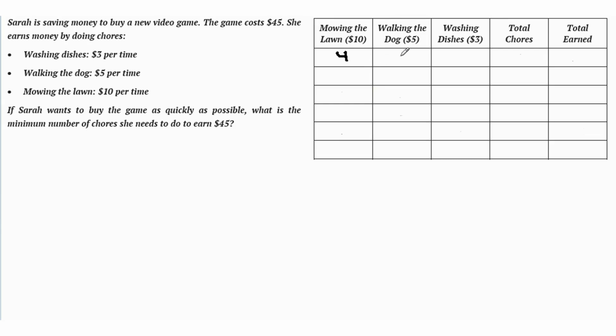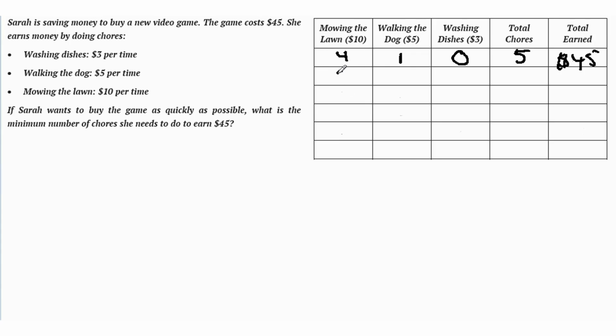Well, if she then walks the dog 1 time, now that already gives her the $45. So that means she didn't have to do any dishwashing. And with 4 mowings and then 1 walking of the dog, that's 5 total chores. And that does in fact equal $45. I know, world's best handwriting. Thank you so much. Now, that's the maximum number of times she could mow the lawn.